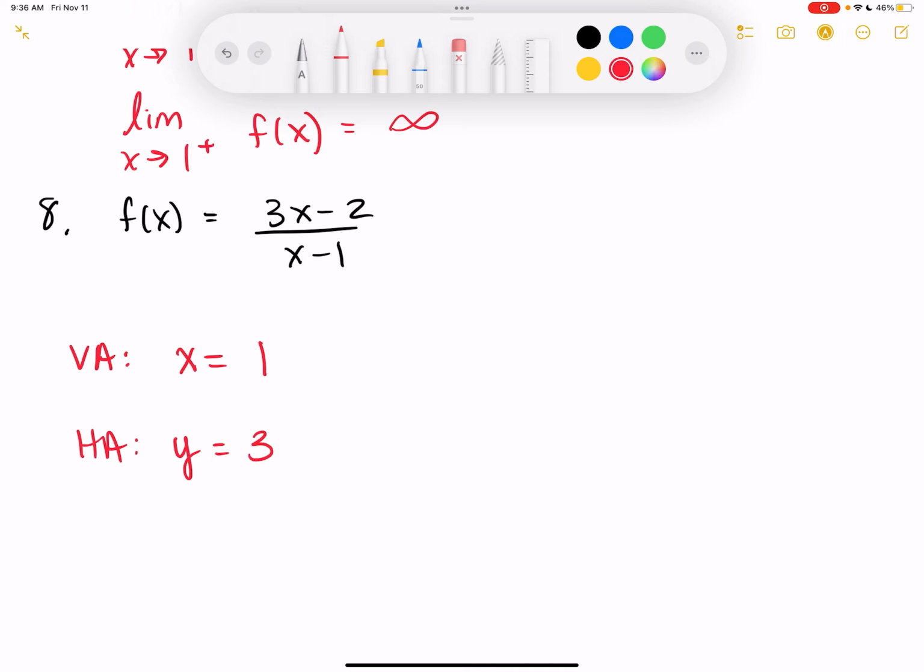What if the bottom one had a coefficient too? If it was 2x, it would be 3 over 2. And if it was an x squared term on the top and an x on the bottom, that's obviously bigger on top, so there's no horizontal asymptote. We don't care about all the other stuff if that happens.